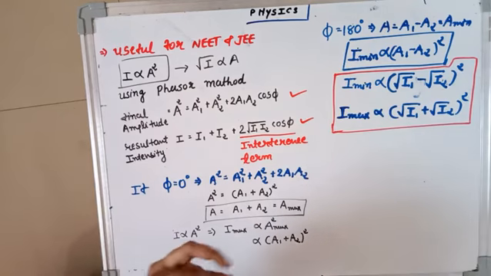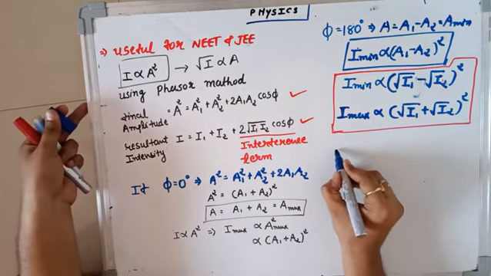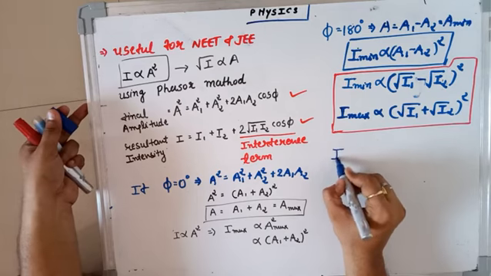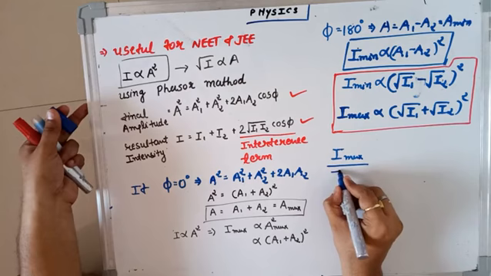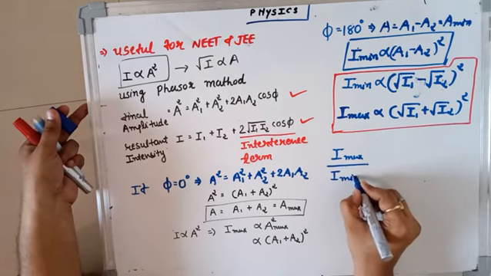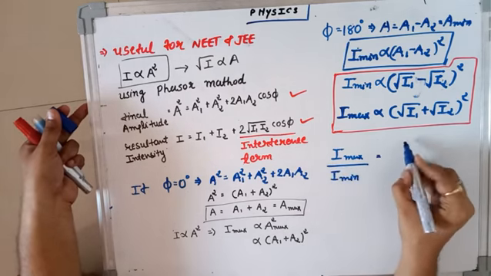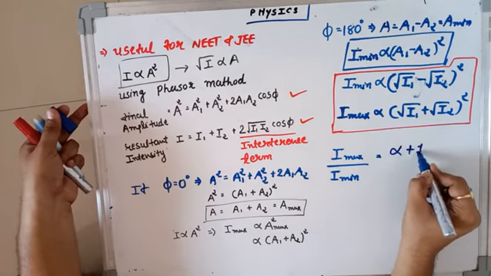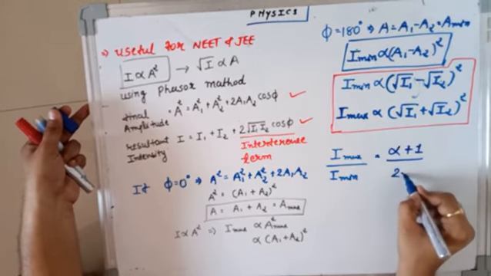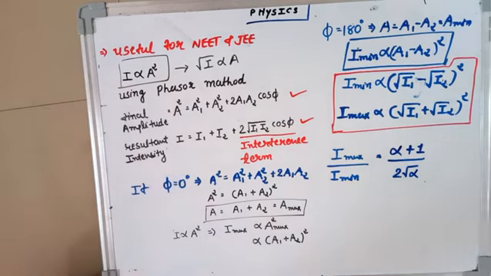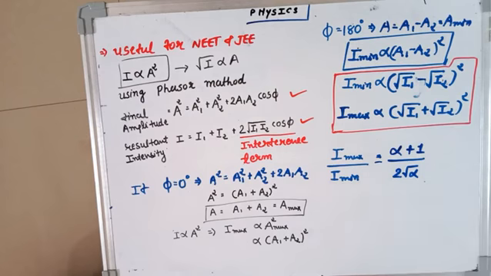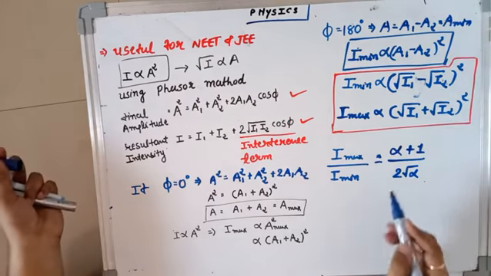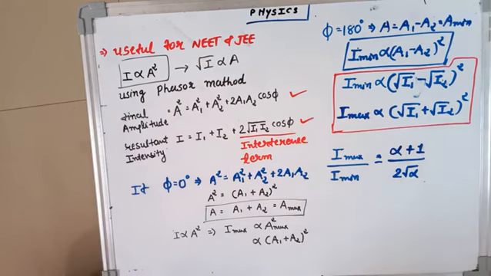Sometimes I show that this equation, I max upon I minimum, is equal to alpha plus 1 upon 2 under root alpha, where alpha is a constant. If you take the inverse of this equation, it is called the visibility of interference.